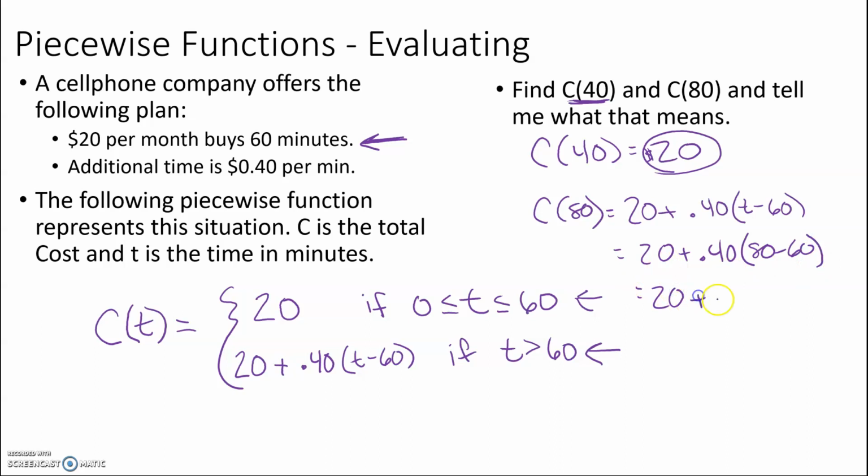That's 20 plus 40 cents times 20 minutes. 40 cents times 20 minutes is $8, and you're going to be paying $28.